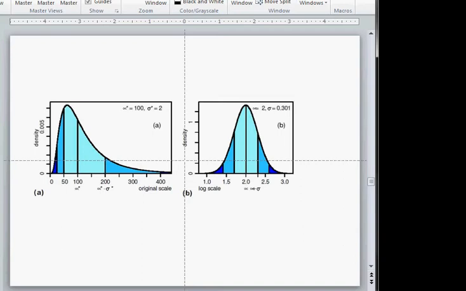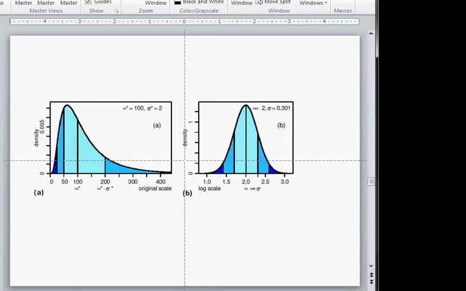But in actuality, stock prices follow more of this log normal distribution that you see on the left, figure A. And that's the underlying assumption the Black-Scholes model uses. The Black-Scholes model does not assume that stock prices are normally distributed. It's going to use this log normal distribution.